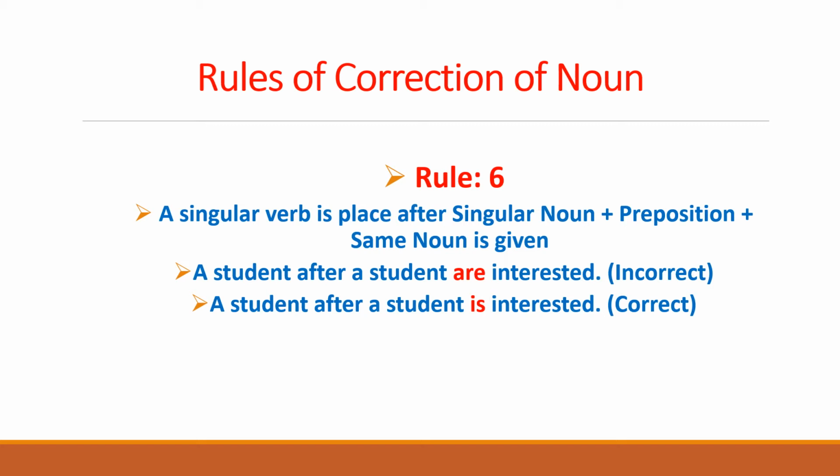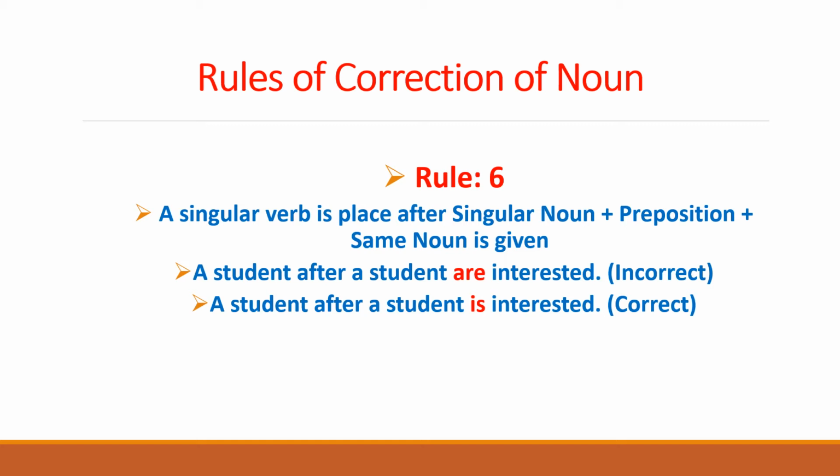So we can see here that this sentence is incorrect because there is no agreement of subject and verb. Why? Because a student after a student is noun plus preposition plus the same noun. So this structure would not be followed by a plural verb, that is are. A student after a student are interested is an incorrect sentence.